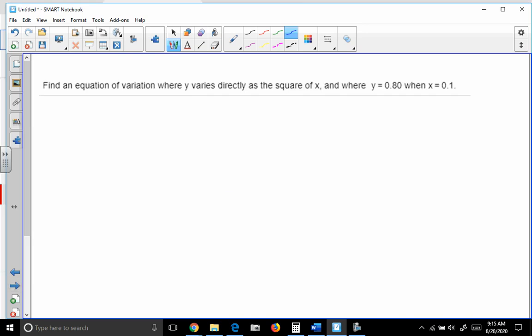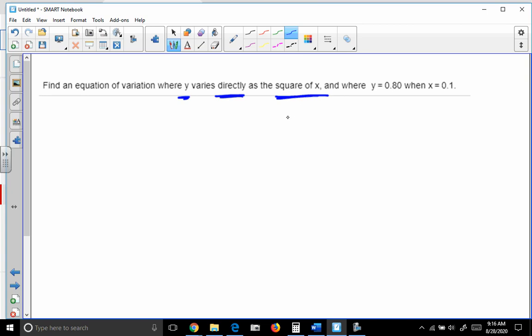The last one we're going to do is still a direct variation, but sometimes the variables can be directly related linearly, meaning that both variables are to the first power, but sometimes they can be directly related to other powers. Here we're told y varies directly with the square of x. So not just x, but the square of x.